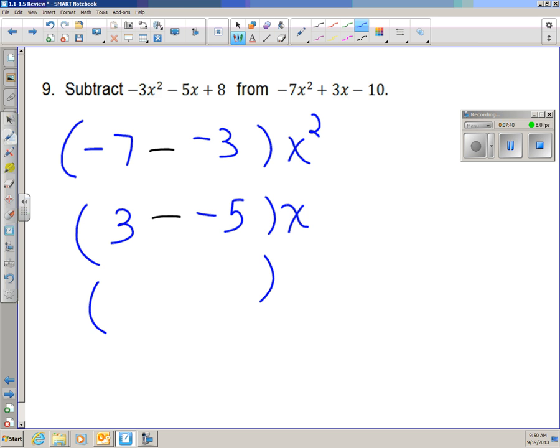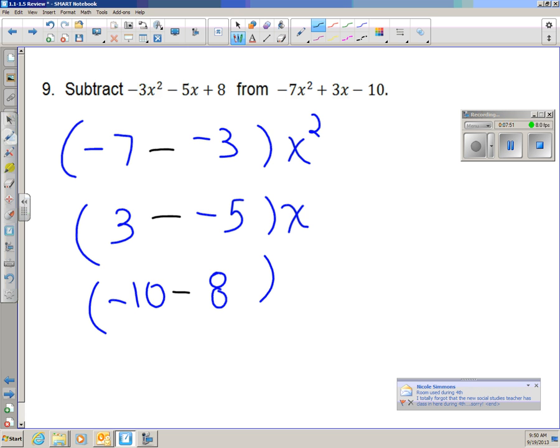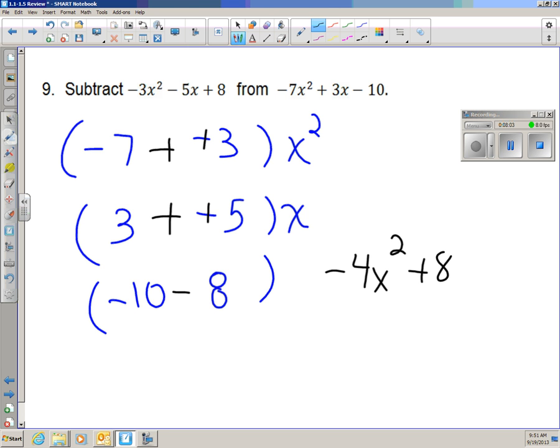If I talk about my constant terms, from negative 10, I need to subtract 8. When I combine all these like terms, what ends up happening is the following. I'm going to get, for my final answer, negative 4x squared plus 8x minus 18.